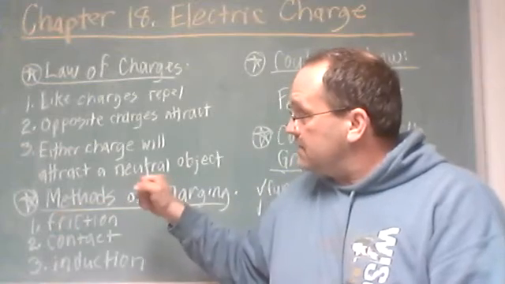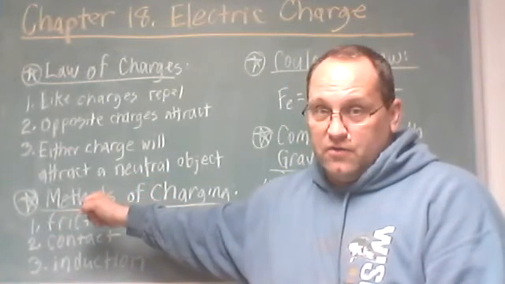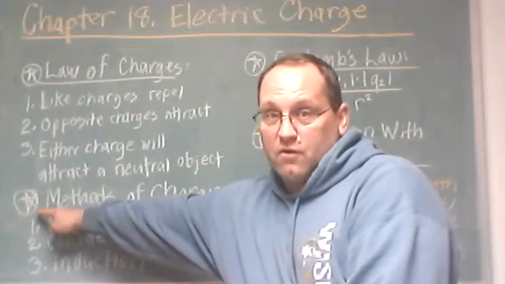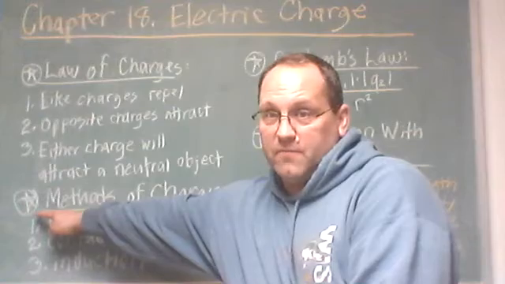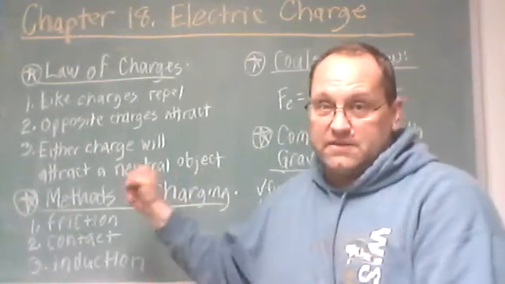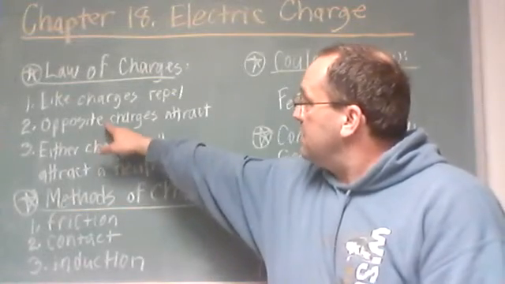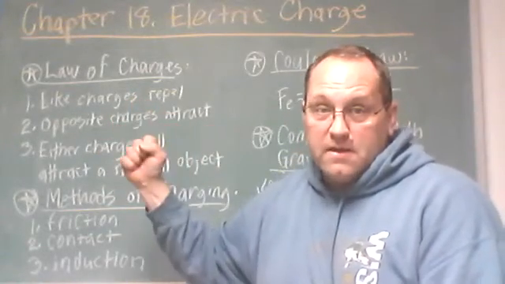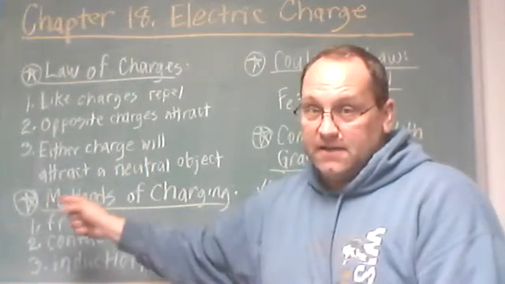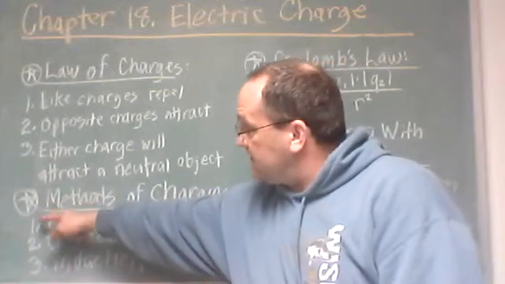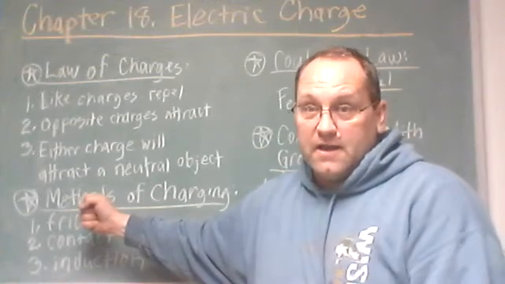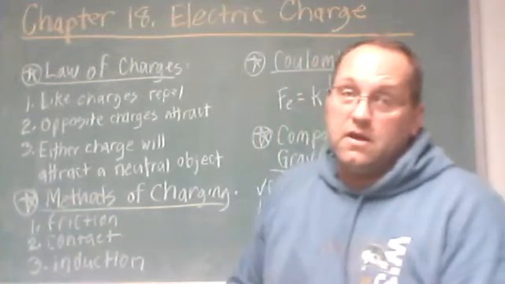What's happened is when I'm bringing that object close, it's repelling the electrons over here. The ones that are over there are now going to the far side of that object, because they are repelled by my excess of electrons. That leaves the side closest to my hand with a net positive charge, and they attract. That's what causes the attraction.